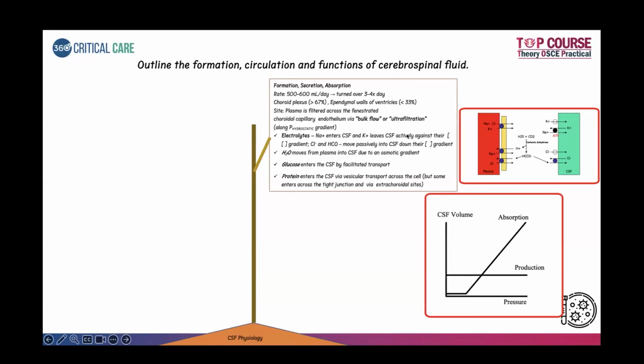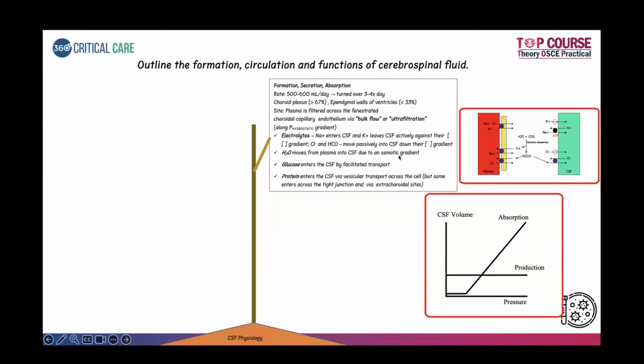The constituents of CSF, again, it is an important question. If you know it, you can write it, you cannot bluff it. Electrolytes in the CSF: sodium enters the CSF and potassium leaves the CSF actively against their concentration gradient. Chloride and bicarbonate move passively into the CSF down their concentration gradient, and water moves from the plasma into the CSF due to the osmotic gradient.